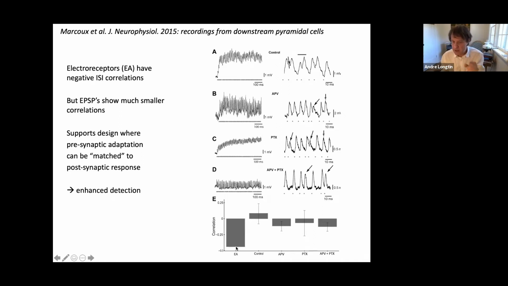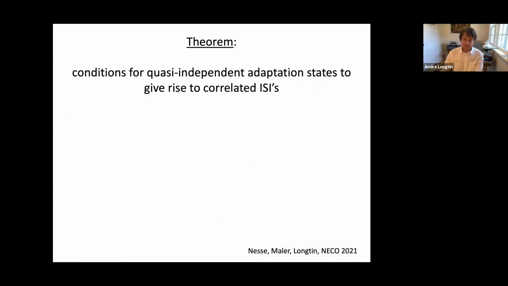But the main point here is that as you go from the correlated intervals of the electroreceptors downstream, you get this low correlation between the responses. And that lends support to this design where presynaptic adaptation can be matched to postsynaptic response and thereby enhance detection.